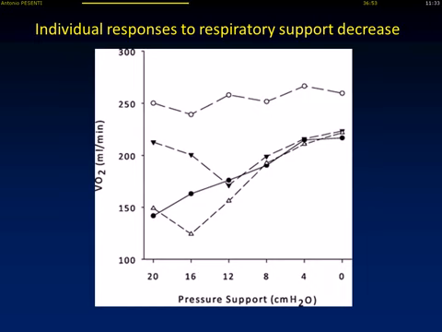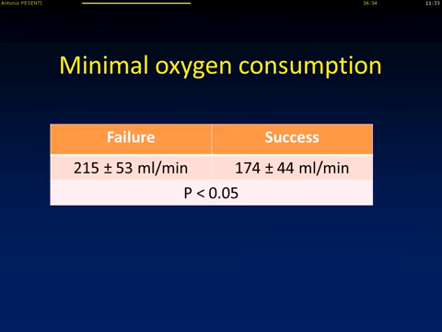But you can identify a level where oxygen consumption is minimal. For this patient it is here, for this patient it is here. This patient has it at 12. This patient has it at 16. Now, first of all, patients that succeed weaning have a lower oxygen consumption than patients that fail weaning.